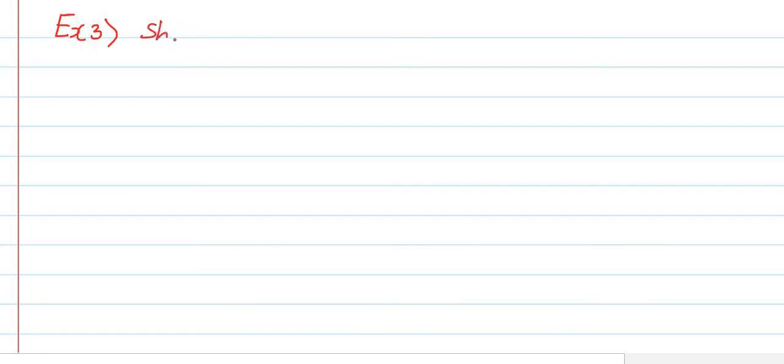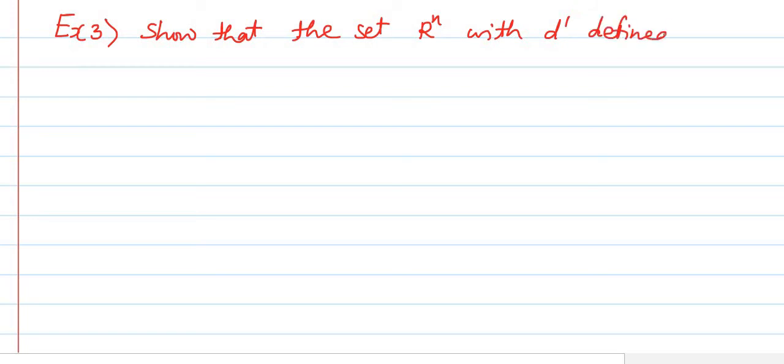Show that the set R raised to n, this set we have already discussed in the first example, with the function d dash defined by d dash of x comma y is equal to the summation over i equal to 1 to n mod of xi minus yi.